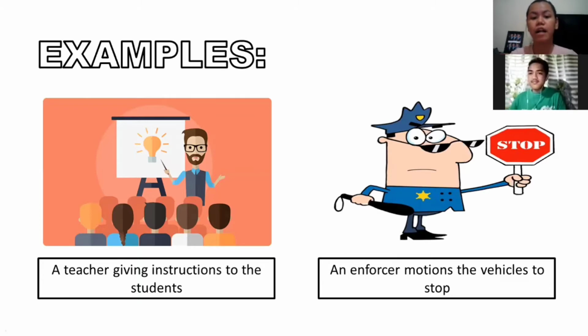Kapag mino-motion ni traffic enforcer to stop, look and listen, stop, ibig sabihin, non-verbal cue yun. Communication pa rin, kasi ibig sabihin, may message. May nakuha kang message. Eh kung wala kang nakuha, gumanyan lang siya, pero wala ka namang naintindihan, ibig sabihin, walang communication na naganap.